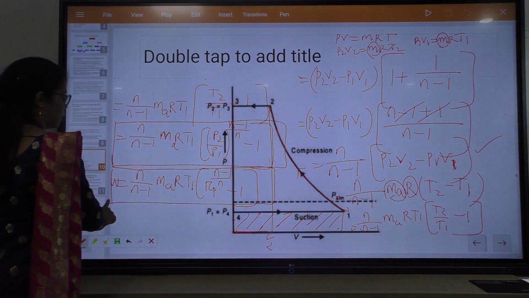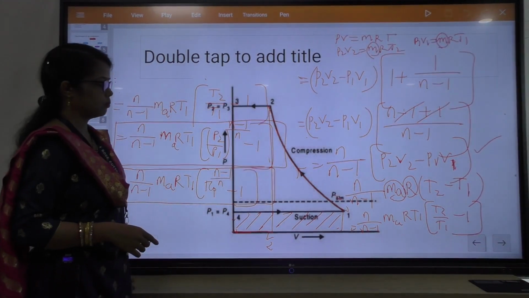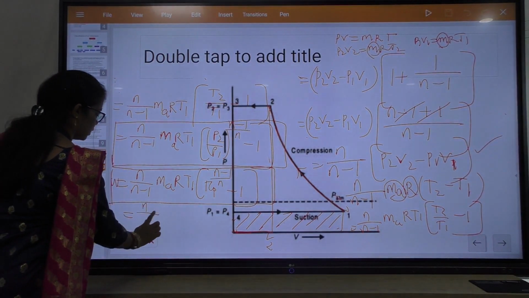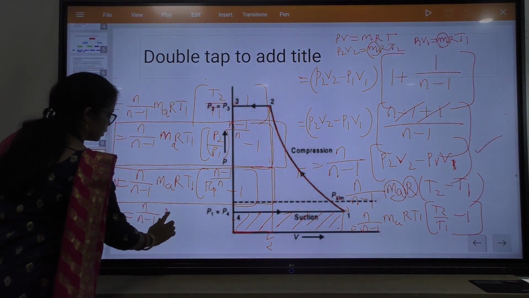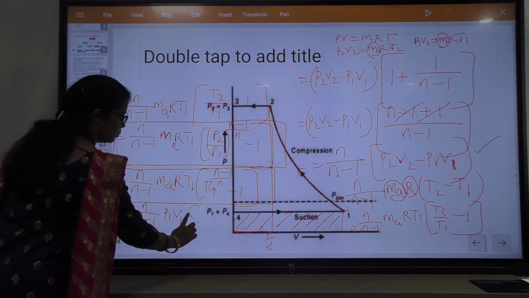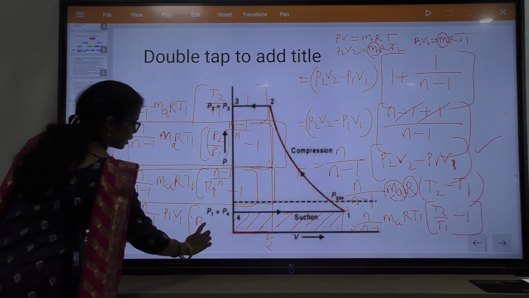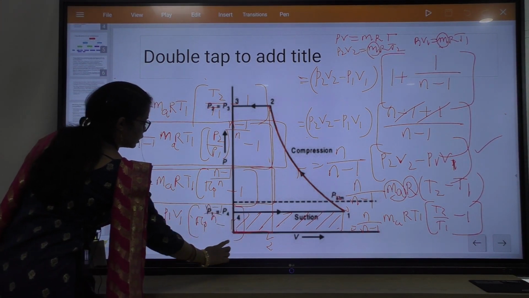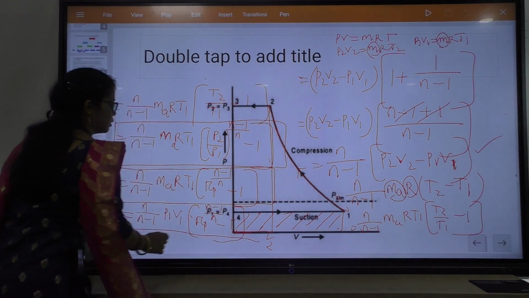Okay. And in this work done formula you can again write n by n minus 1, and here you can write P1 V1 instead of MAR T1, whole into RP to the power n minus 1 by n, minus 1. You can write it like this also.